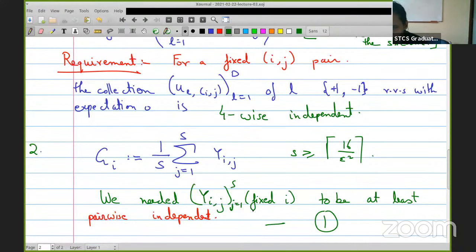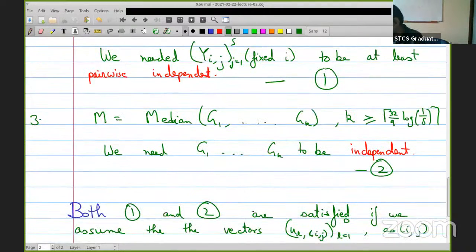How many of the vectors are there? One over epsilon square log 1 over delta, times k, which is of order 1 over epsilon square times log 1 over delta.